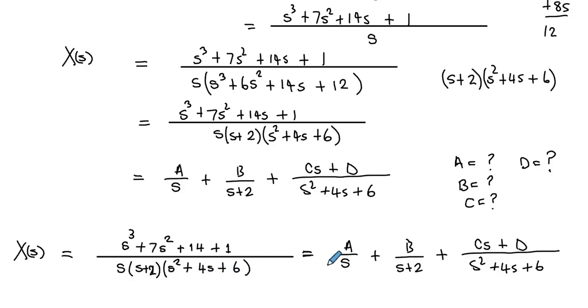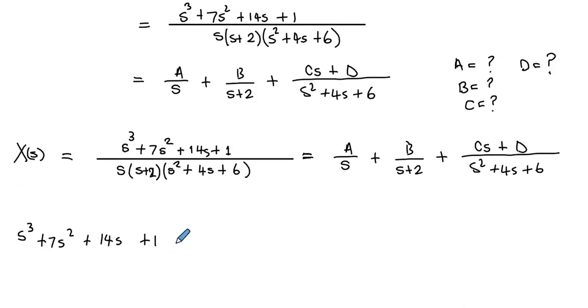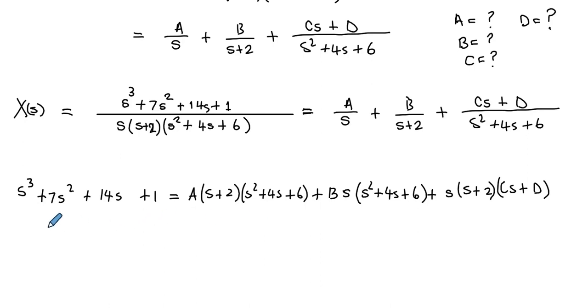When we multiply both sides by this common denominator, we get the following. What is important here, you must know that this expression is an equality for any value of s. So I'm going to choose the values of s conveniently in such a way that I can determine the values of the unknowns a, b, c, and d.